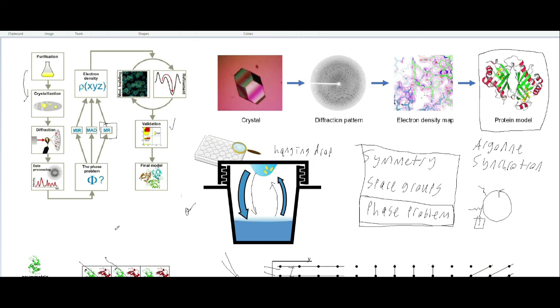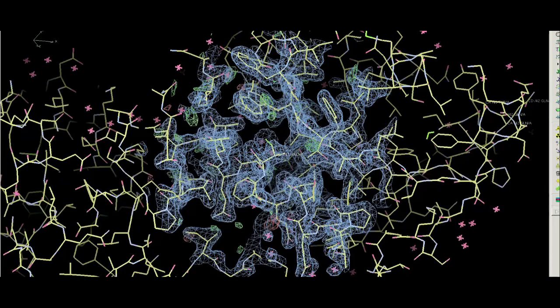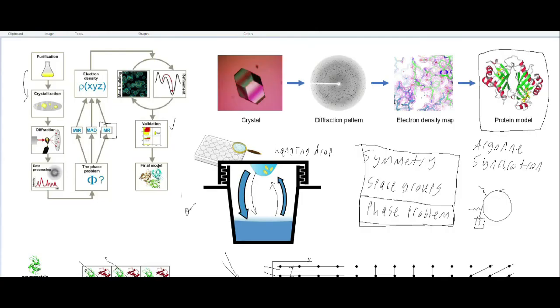Maybe you're working on just a mutation, which is actually what mine is. My structure here has 3 point mutations, 3 amino acids different from a structure that was already obtained, so I was able to use molecular replacement to get the phase data.